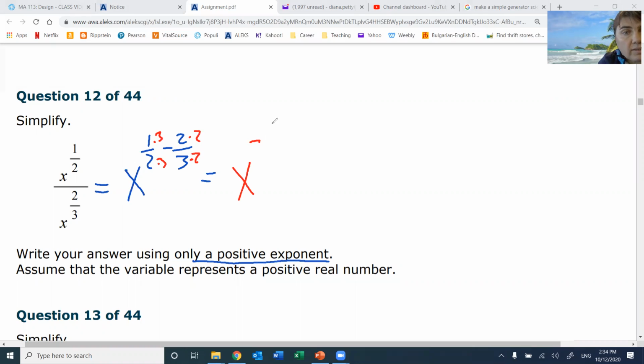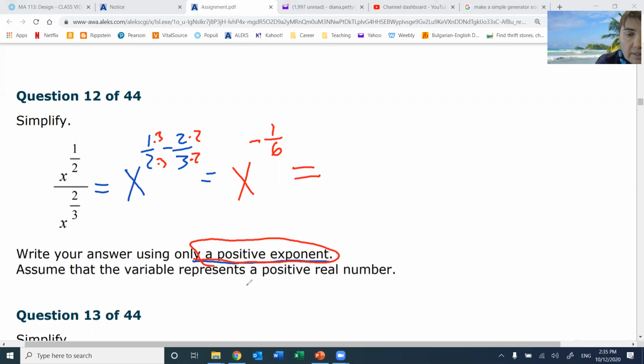Right. 3 minus 4 negative 1 over 6. But they say, write your answer using only positive exponent. So how can you make this a positive exponent? That's correct. If you want the exponent to be positive and it's negative, move it down. Or if it's down, move it up. Just move it one layer.